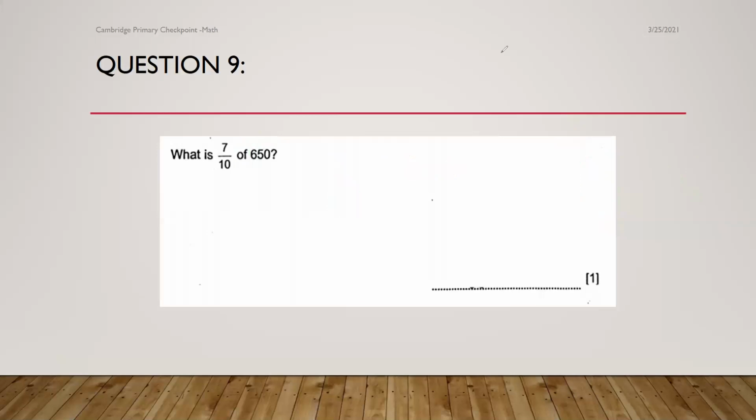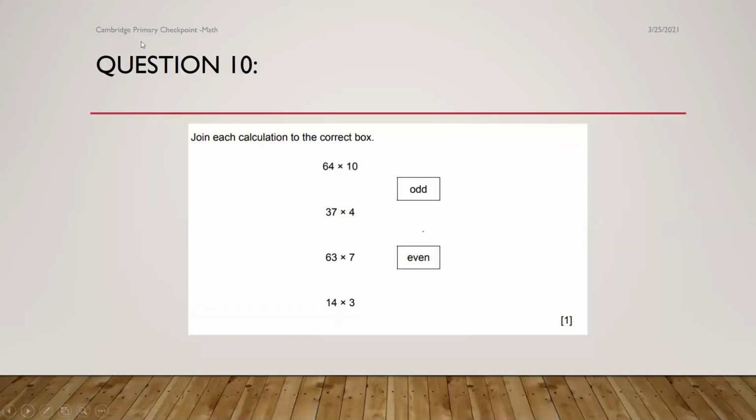Let's move to our final question. Question number 10. Right. This is the question number 10. Join each calculation to the correct box. Now they have given odd and even. We know odd numbers are ending with 1, 3, 5, 7, and 9, right?